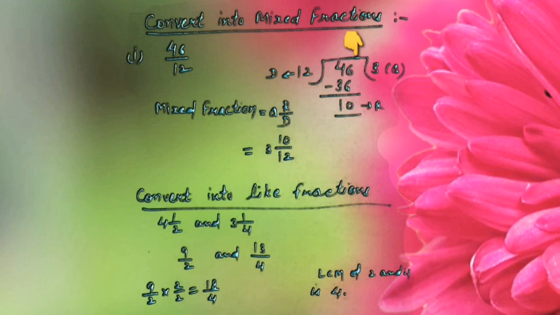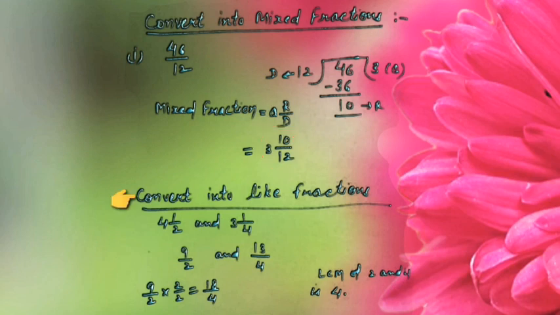How much is left? 6 minus 6 0, 4 minus 3 1. You got remainder as 10, quotient as 3 and divisor as 12. So the formula to write down mixed fraction is Q into R by D, quotient into remainder over divisor. So it will be 3 into 10 by 12.